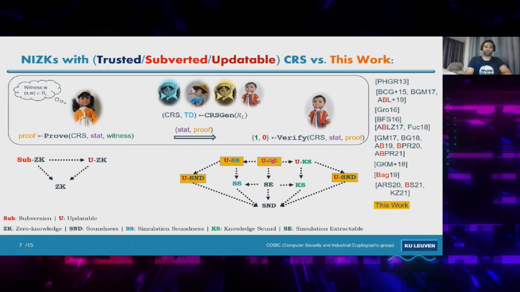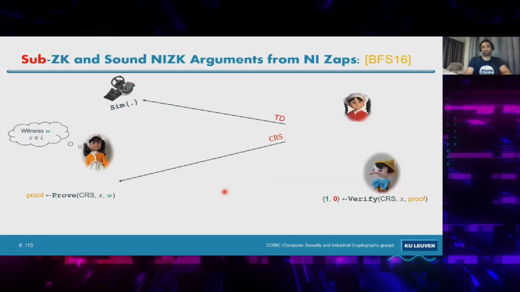Let's say updatable simulation extractability with subversion resistance was achieved, but this is the first time that we achieve subversion resistance and updatable simulation soundness in a NIZK argument. So let's see how Baghery and Scafuro built subversion-resistant and sound NIZK.